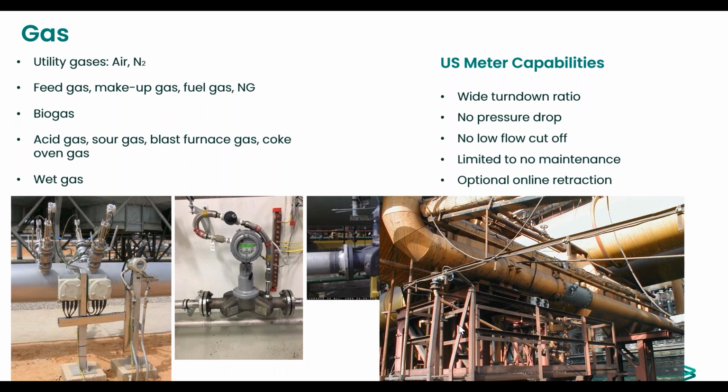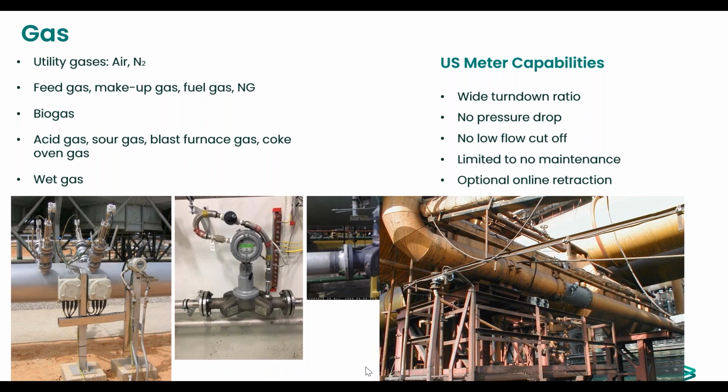So coke oven gas is typically handled at very low pressure. It can be much larger sizes than the one you have there, but I had another picture. It was not very nice, so I preferred to show this one. So it's a dirty gas, and the calorific value of the gas is not very high. There's a lot of CO2 as well, and the ultrasonic has proven to be a reliable one.